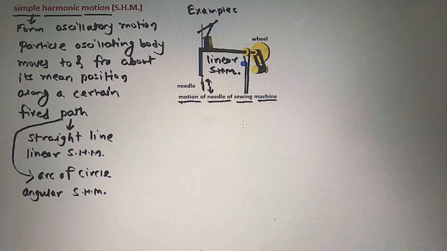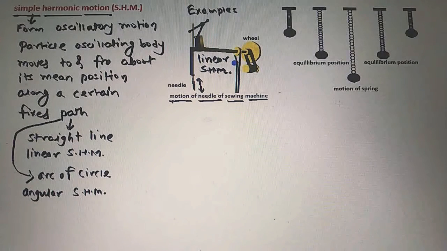The next example is the motion of a spring. A spring moves to and fro, here in the upward and downward direction, so it moves to and fro in a straight line.